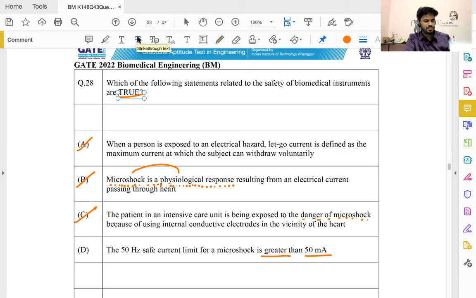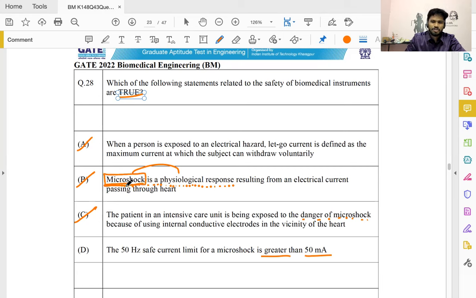There are physiological responses to microshock, but is microshock itself a physiological response? Yeah, there are physiological responses to a microshock, but is microshock a physiological response? One has to look at how this is clearly defined.